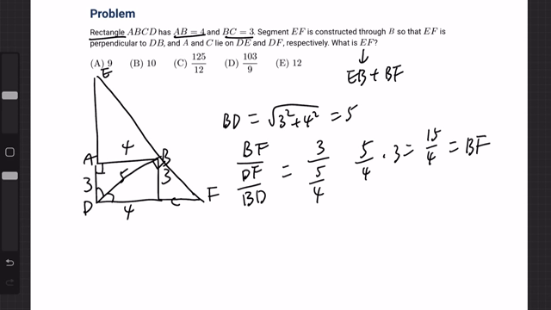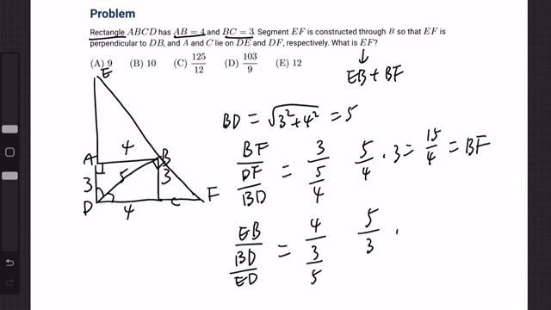Therefore, it's reasonable to say that EB over BD over ED equals 4 over 3 over 5. We already know the length of BD, which is 5, so we get 5 divided by 3 times 4 equals 20 over 3 equals EB.